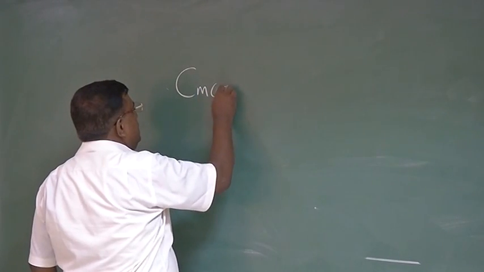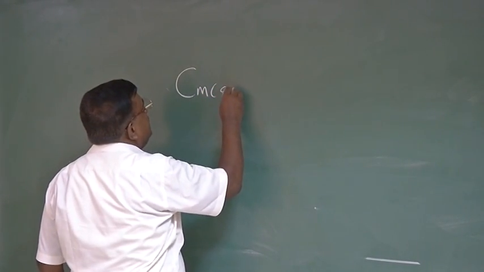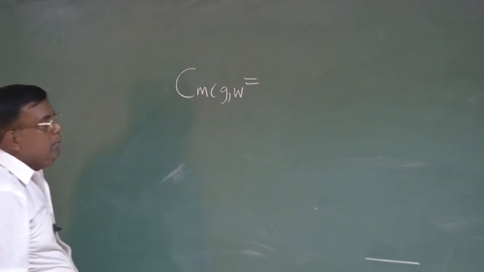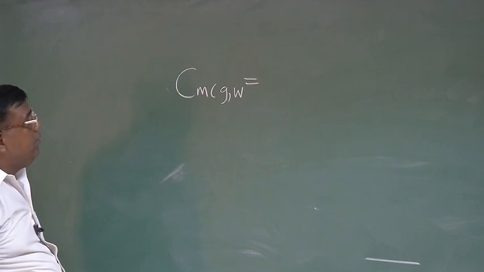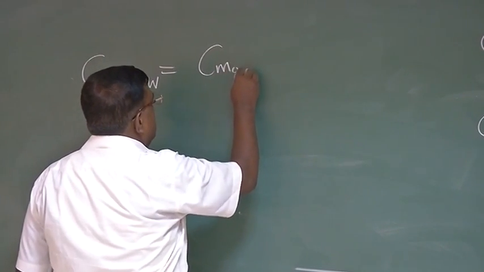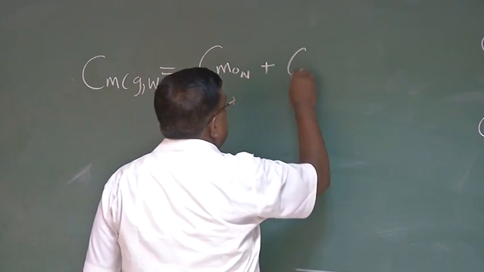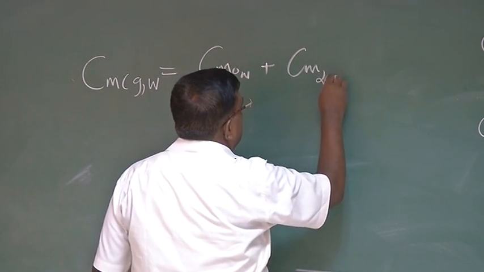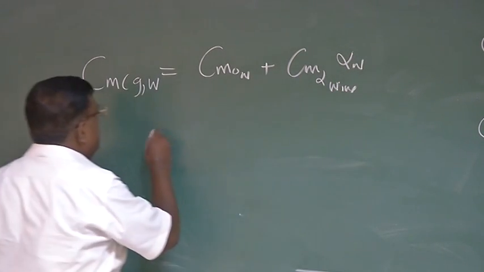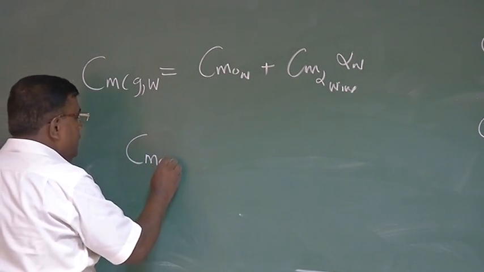I can now write this as CM about CG of the aircraft because of wing. I can write as CM naught wing plus CM alpha wing into alpha wing. Then what is CM naught wing?